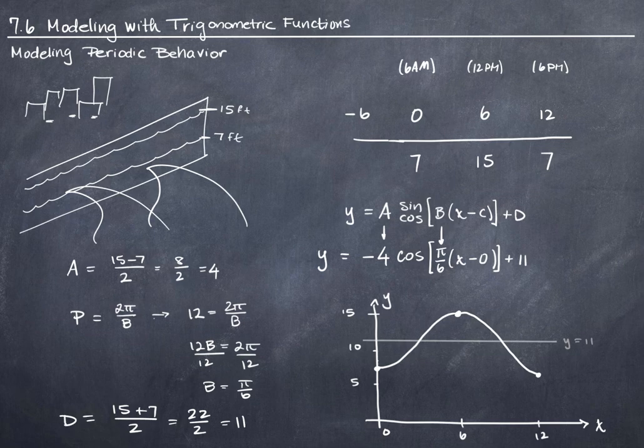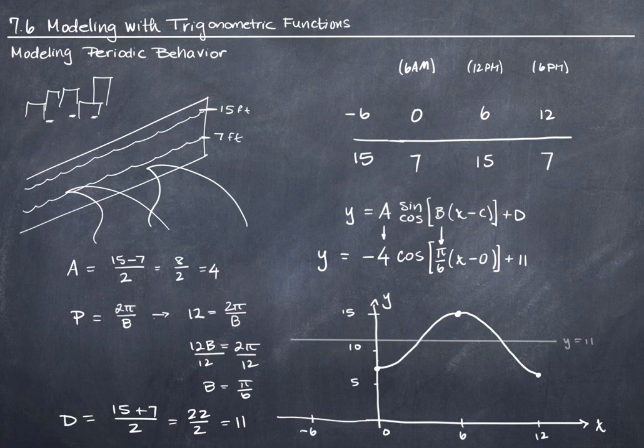And since the cycle repeats between 7 and 15, if I go backwards, 7, 15, 7, 15, I'm going to end up with a 15 here. That is equivalent to extending my midline and my axis back to negative 6.